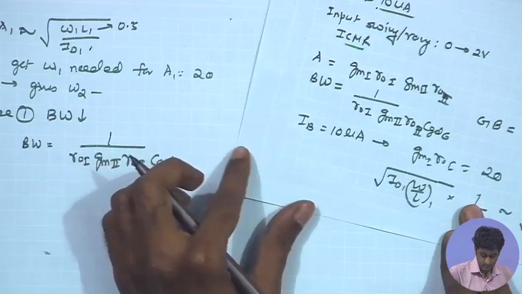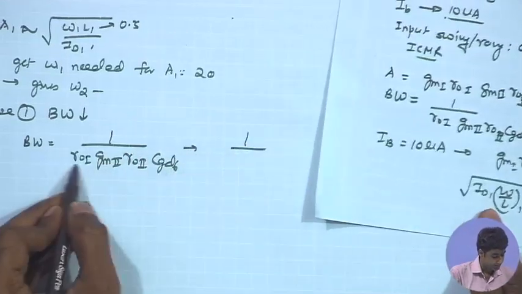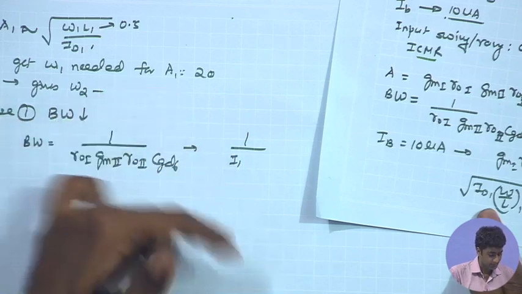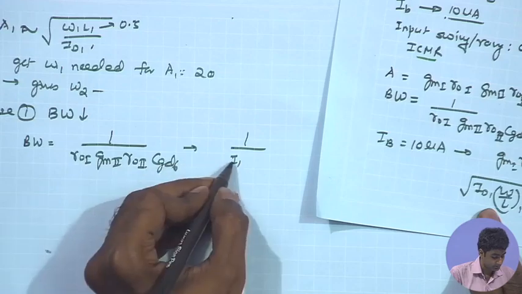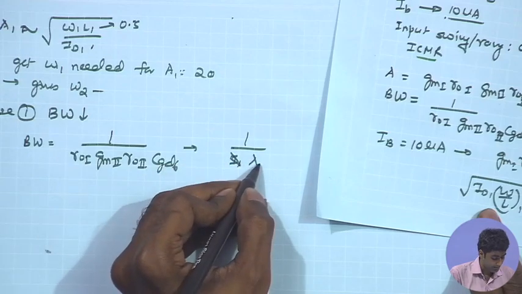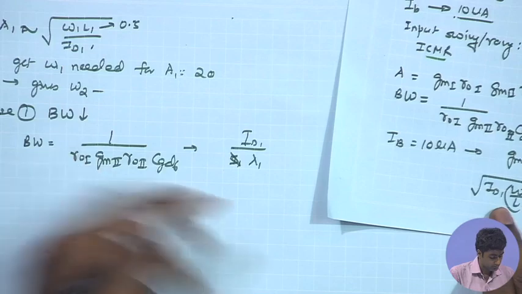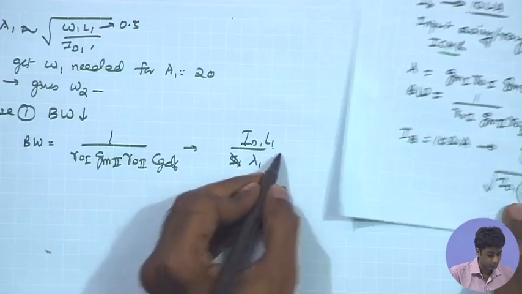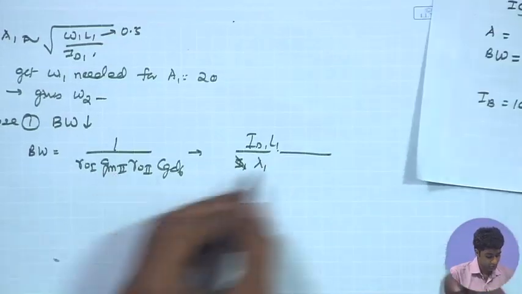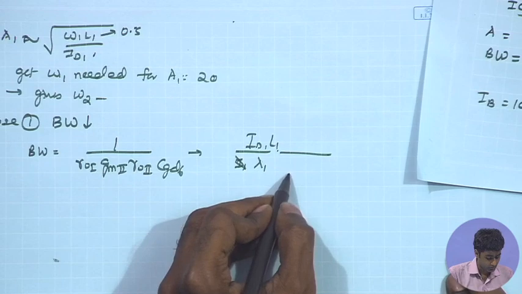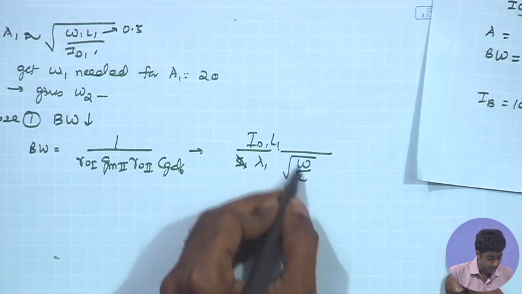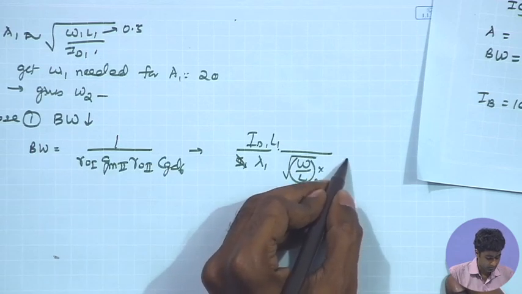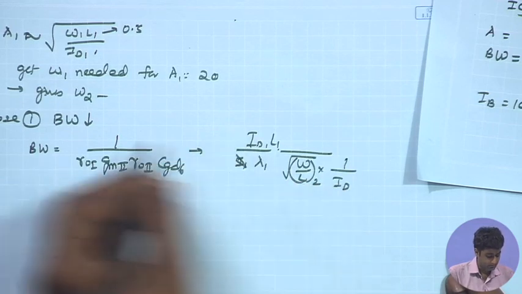I am just writing the design parameters on which it depends. RO1 is given by 1 upon lambda ID1, which is again our chosen quantity, and this is proportional to L1, also already chosen. GM2 depends upon root under W by L2, and RO2 depends upon ID, which is similar in both cases.